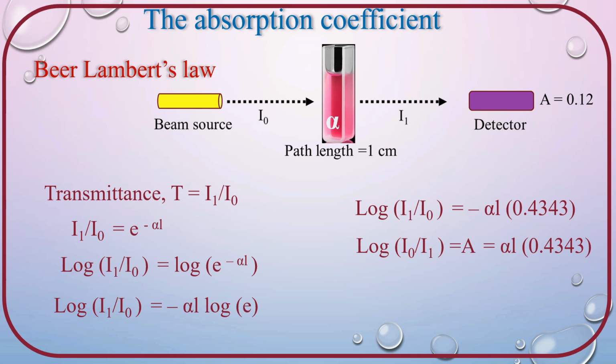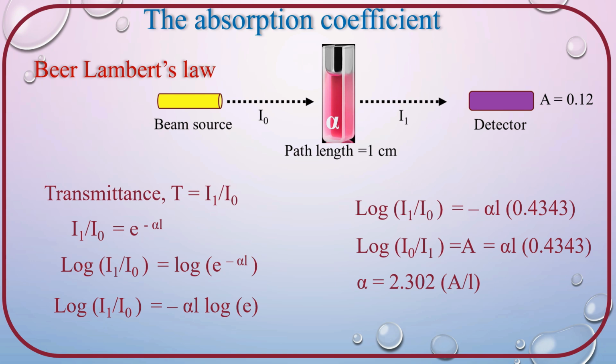And then, keeping in mind that log of x by y is equal to minus log of y by x, here log I0 by I1 is equal to A, that is, alpha L into 0.4343.